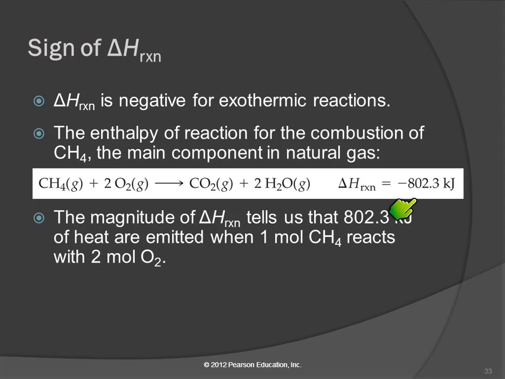So this number is particular to the amounts specified in the equation. 1 mole of this and 2 moles of that. Because if you burn twice as much gas, do you expect to get more heat energy out? You do. You would expect to get twice as much energy, and that's the case. So this delta H over here, whatever quantity that is, is for the molar quantities in this balanced chemical equation.